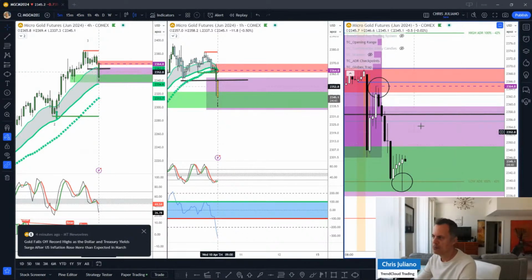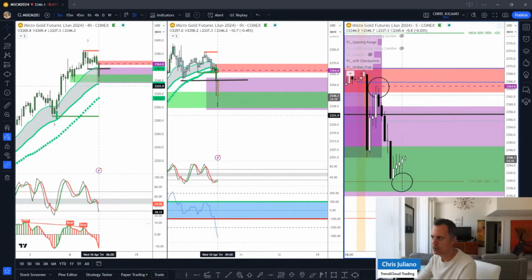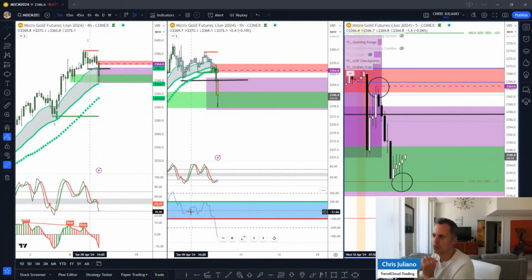We already know how much money we're going to risk. We control that. And in this live room, what we usually do is nothing over $200, right? Nothing over $200 risk.